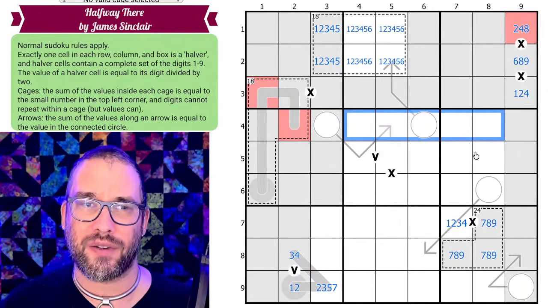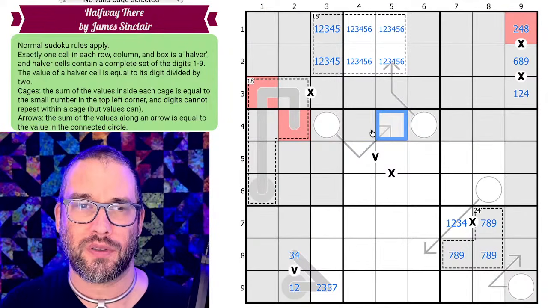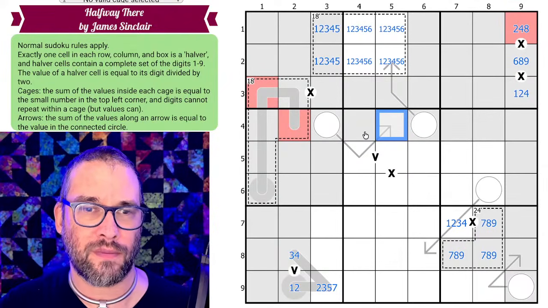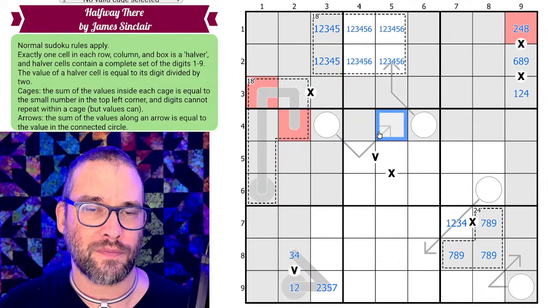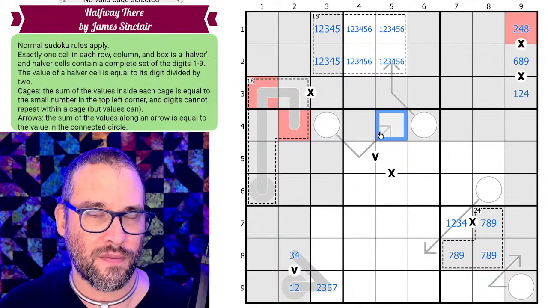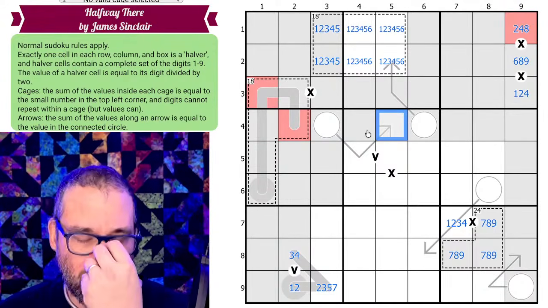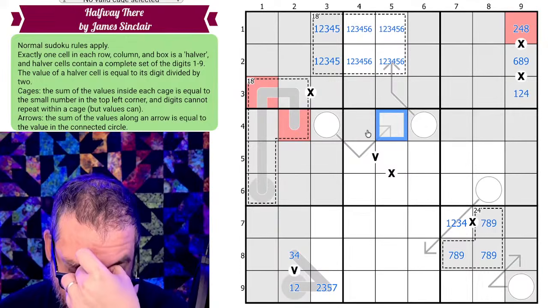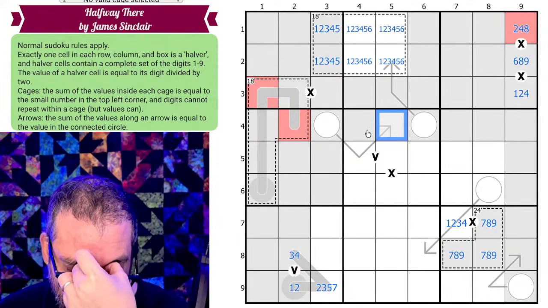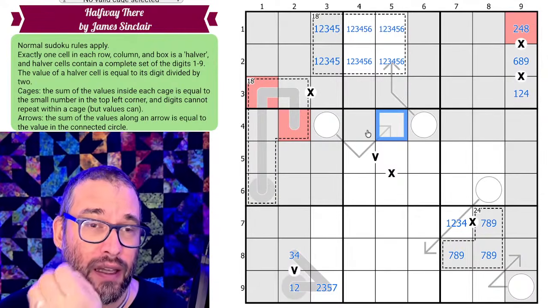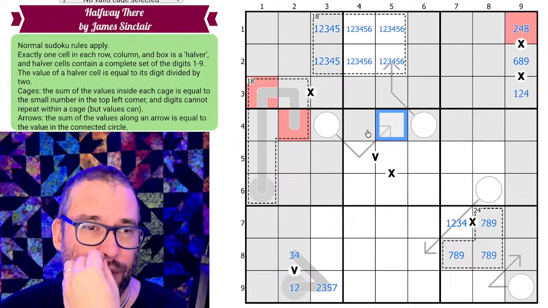Okay, no halvers in this row. Let's see, have 7 and have 9, add to 8. And then the others would have to be 1, 2, 3, 4.